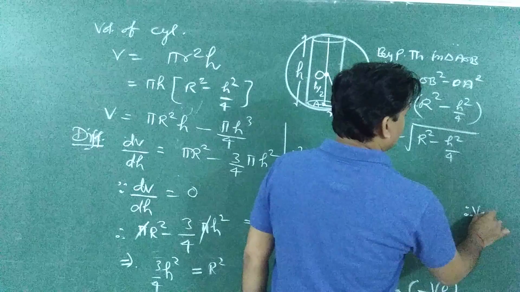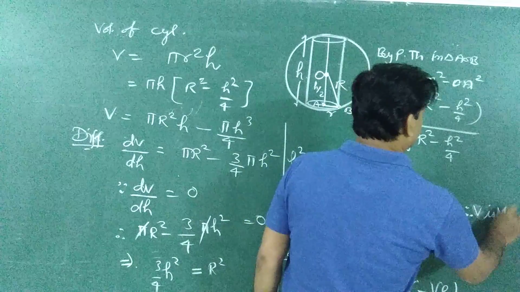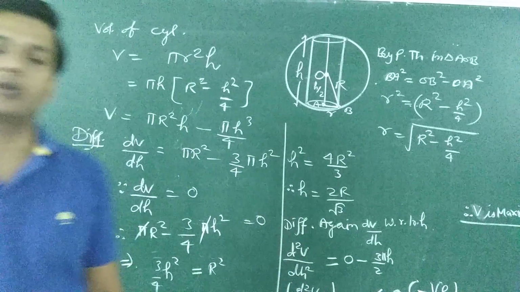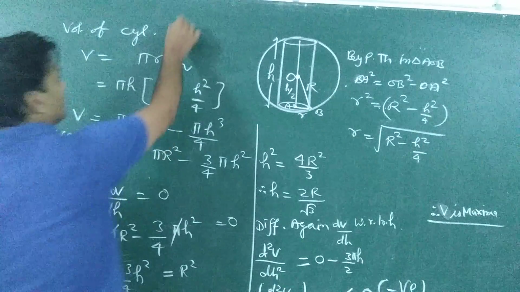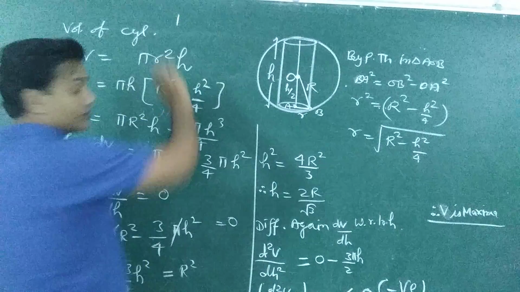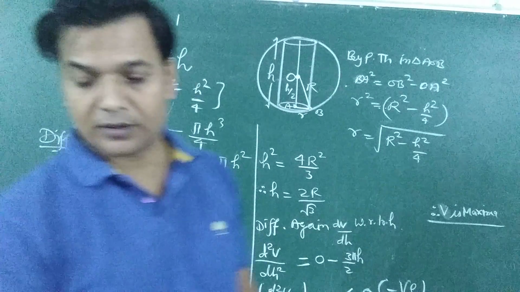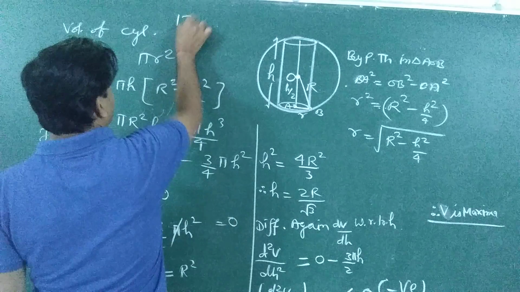Therefore, V is maximum. This is the way to show the solution of this problem, number 17 of miscellaneous.